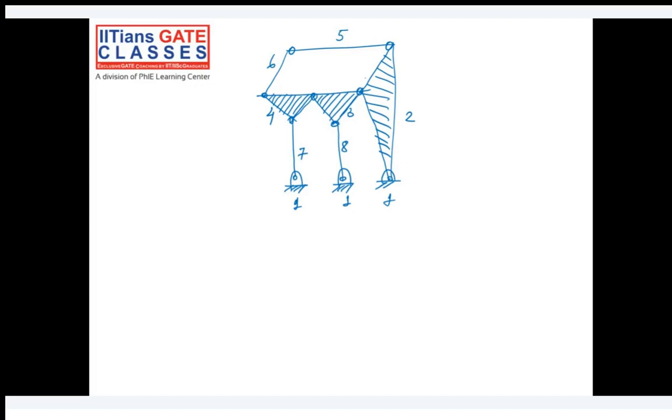Before that, you have to tell me how many binary links there are, how many tertiary links, how many quaternary links, if any, how many total links, how many loops, and how many pairs with a single degree of freedom, and then the degrees of freedom. The formula I will give you: 3 times n minus 1 minus 2 times p1.